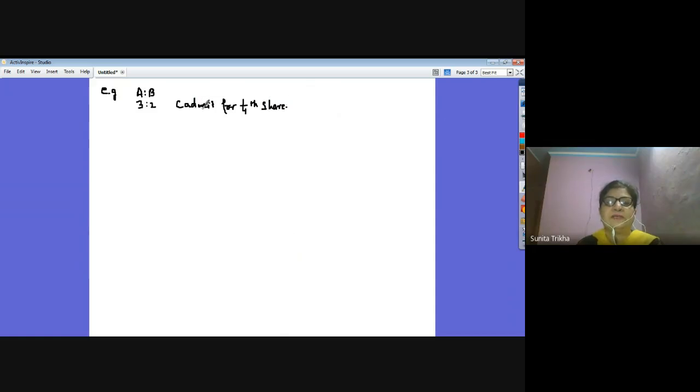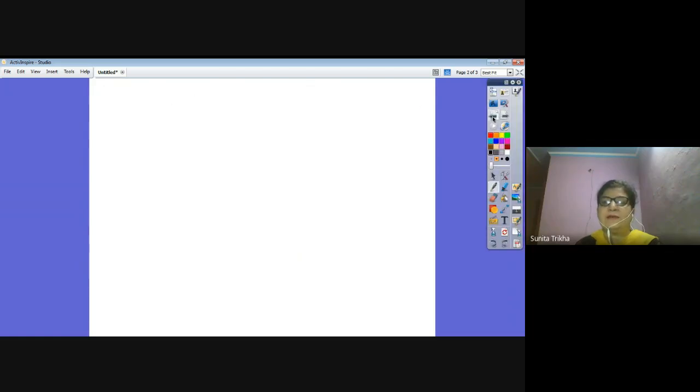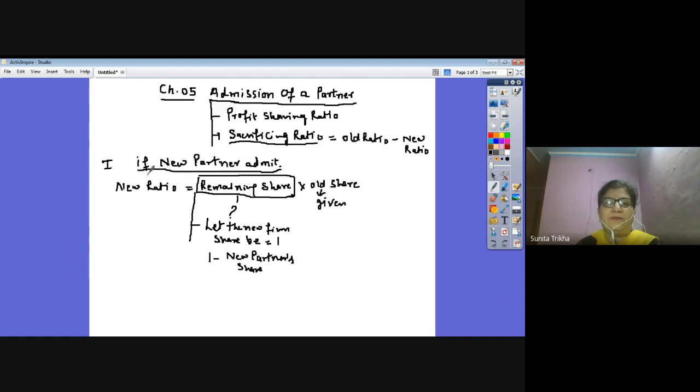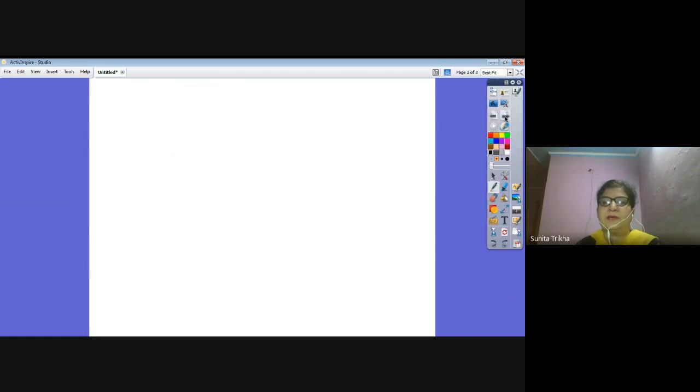When you read the question, you will find that only this is given, that C is admitted. It means it is related to the first case. So if only it is given that a new partner is admitted, the formula is remaining share into old shares.